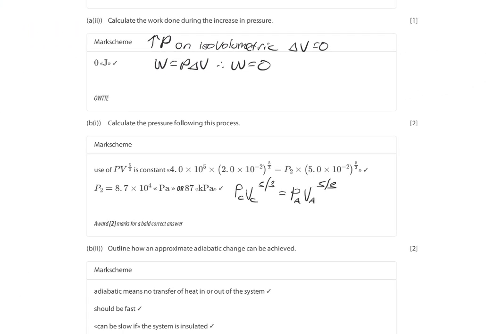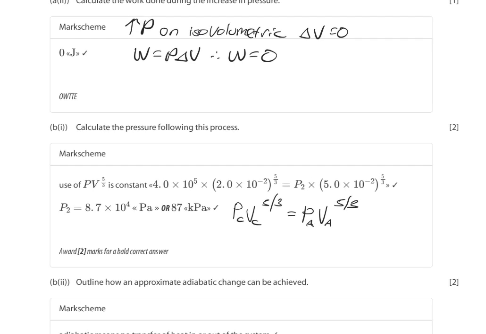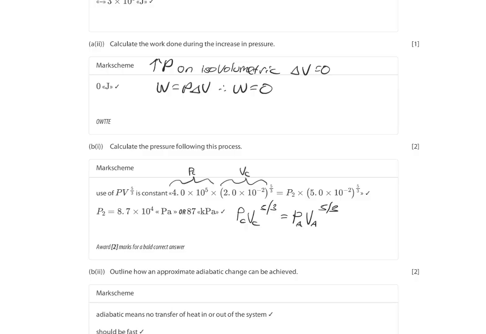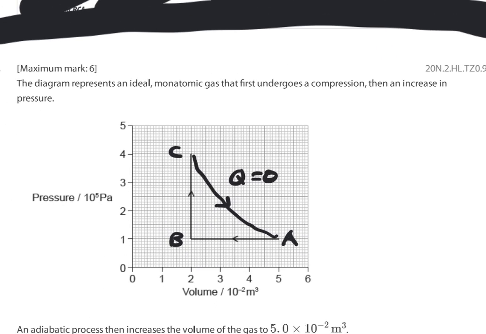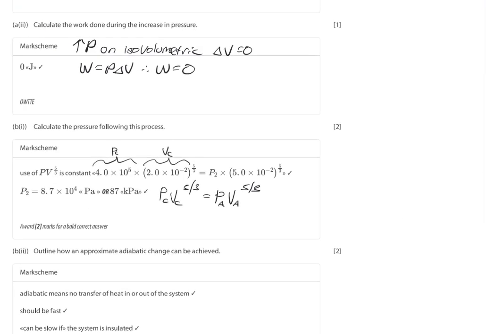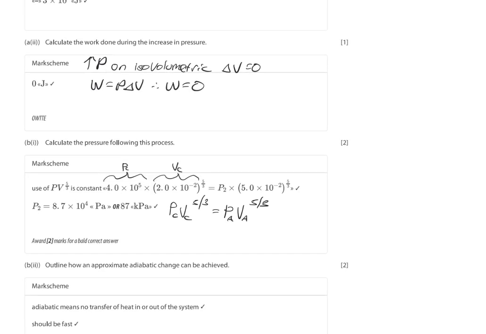We know the pressure at C, that's the 4 times 10 to the 5. This right here is the pressure at C, and this right here is the volume at C. Pressure is 4 times 10 to the 5, and volume is 2 times 10 to the negative 2 for point C. Then you have the pressure at A times the volume at A, which is 5 times 10 to the negative 2.